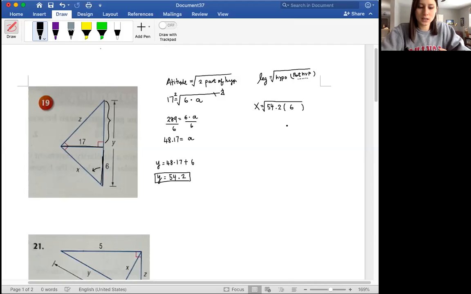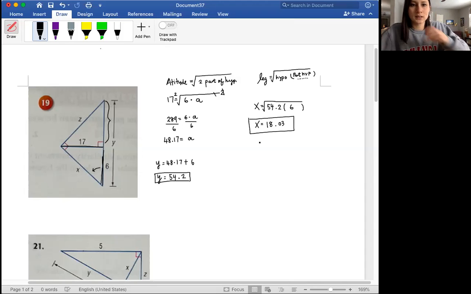So go ahead and plug that in your calculator. 54.2 times 6, and then square root that, and that is about 18.03. Okay, and that's x there.